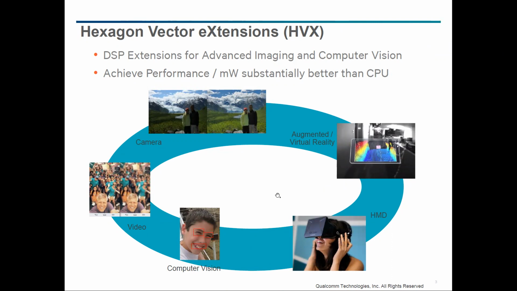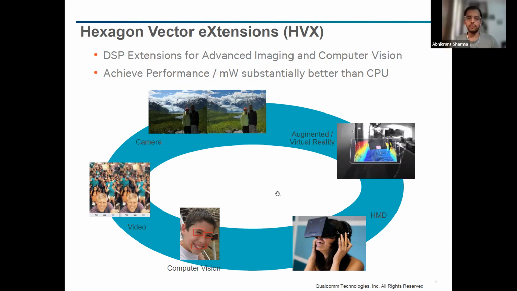And the reason is that this hardware is mainly targeted for image and computer vision kind of applications. One of the major reasons why HVX is used for most of the software processing of all these applications is that it performs really well and also consumes very little power.